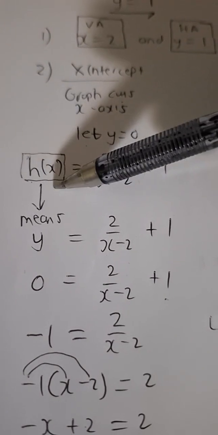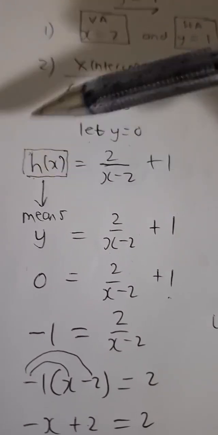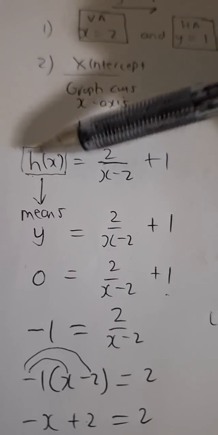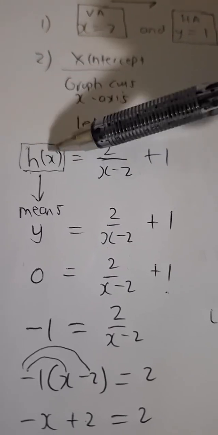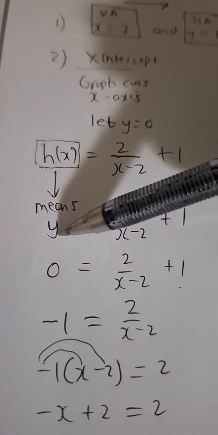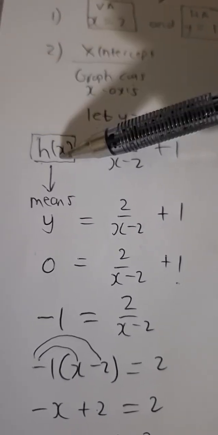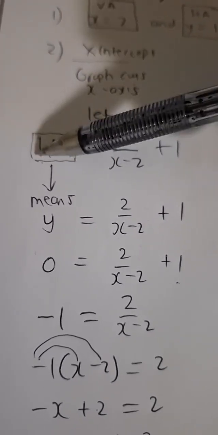Remember, h of x, this kind of notation is called functional notation. h of x means y. y means h of x. Why do they use h of x?